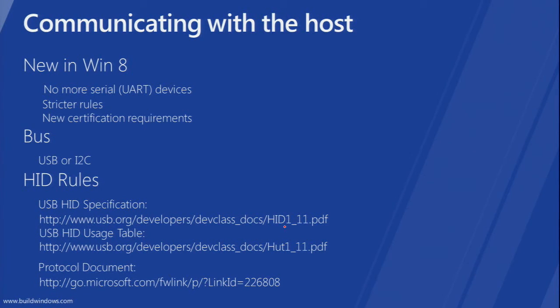In addition to those documents, we're going to have a protocol document, which is Microsoft specific. What that protocol document does is ensure that data that's delivered is in the way that we expect it to be. The reason why we have this document is to make sure that anyone who wants to write HID firmware can do it in a way that would be fully compatible in Windows 8.